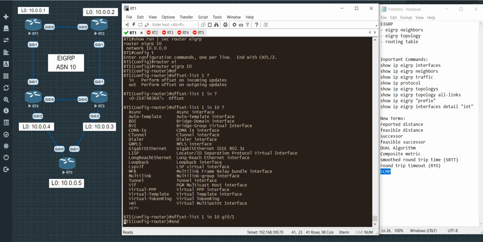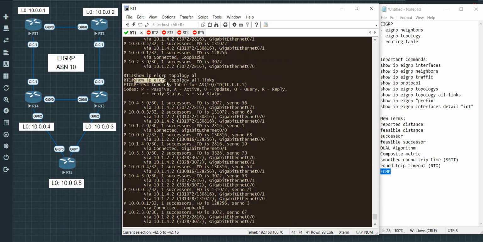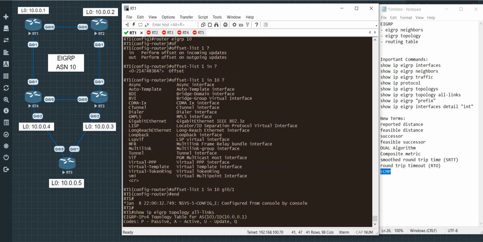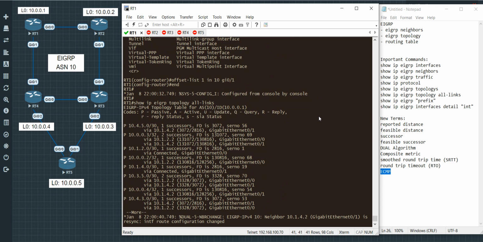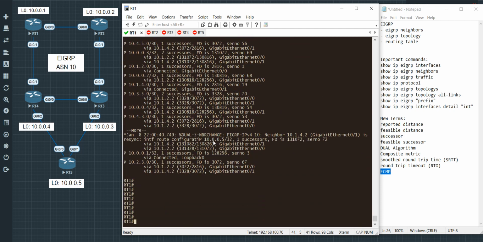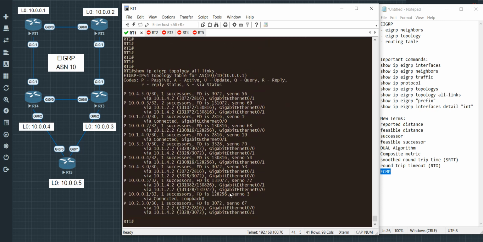By doing that, now if we run the same command here, show ip eigrp topology all-links, we get this notification here that there was a change with EIGRP, and when we look at this particular route, we can see that now it's 131082, which is higher than 131072.